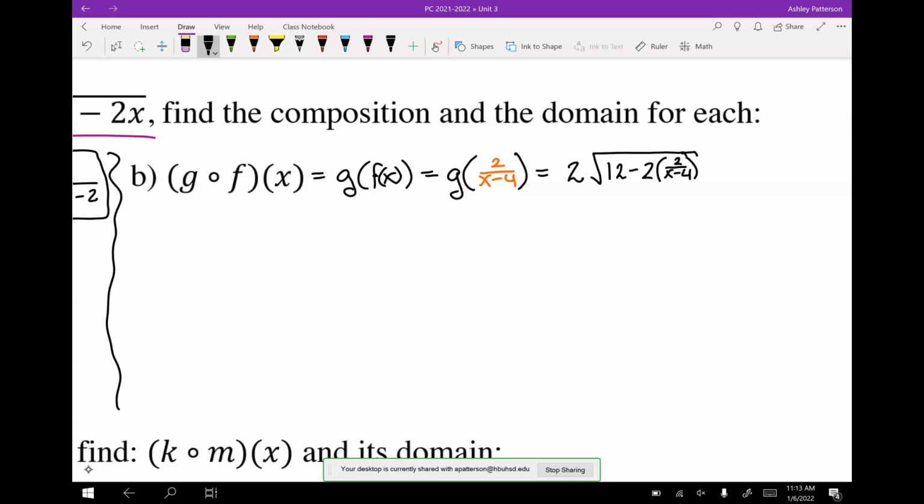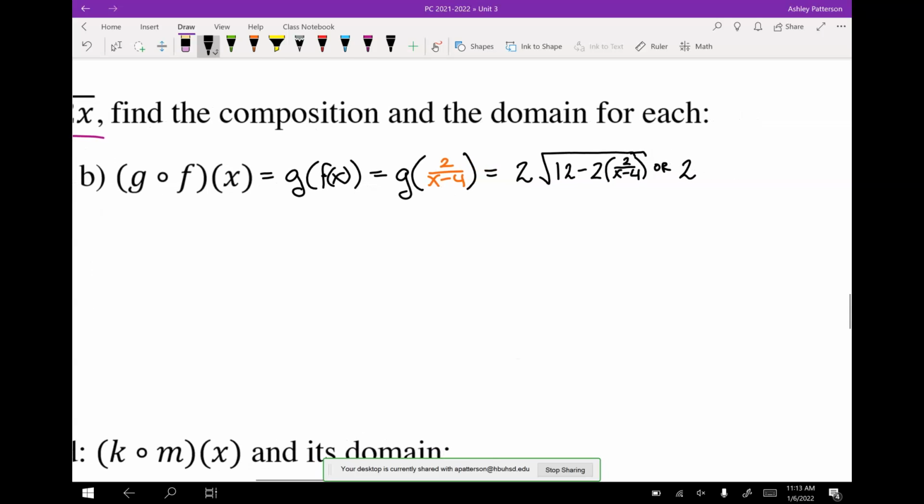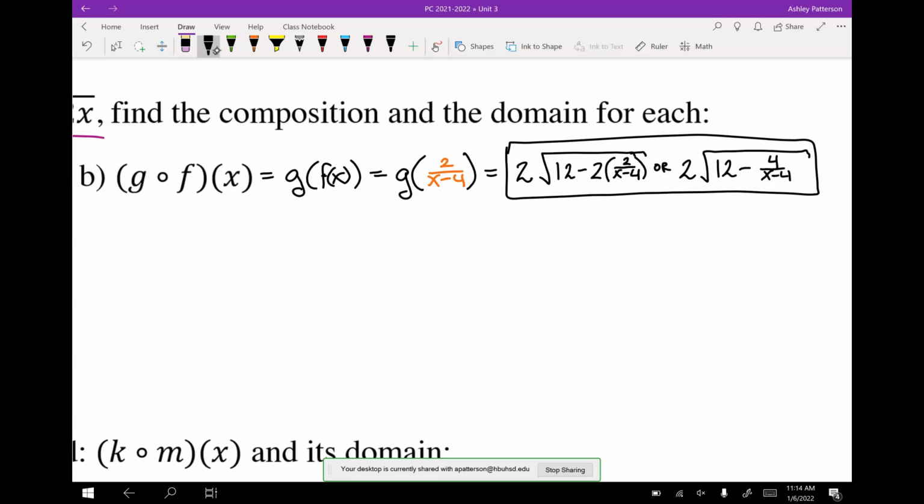Again, just like we discussed previously, there isn't a perfect square that we can factor out. So you can leave it like this, or you can multiply the 2 and the 2 in the numerator to get 2 times the square root of 12 minus 4 over x minus 4. Either one's acceptable.